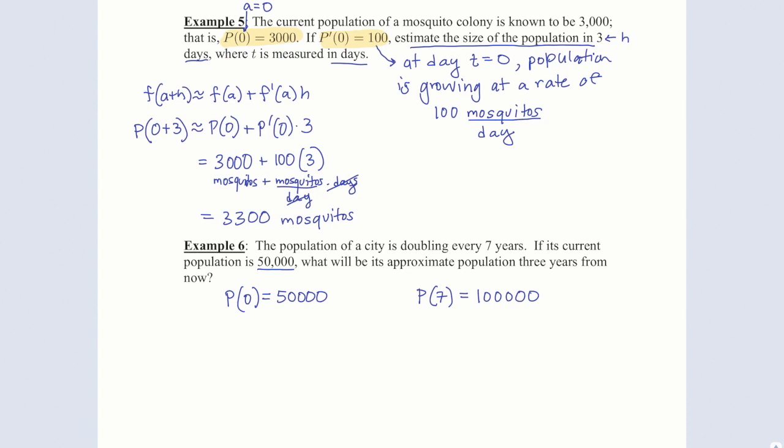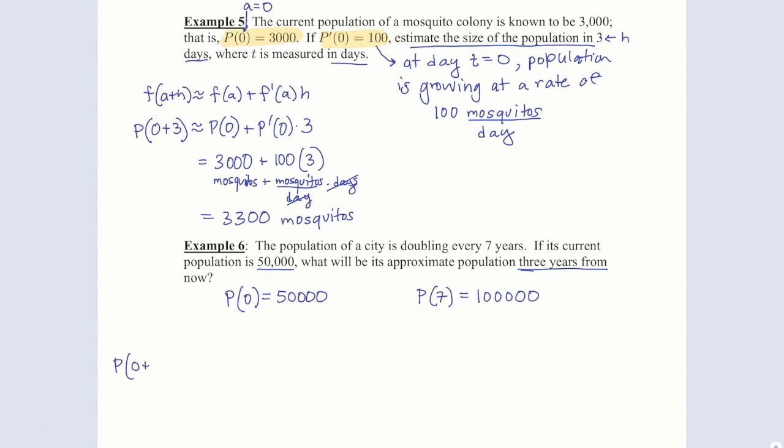And we're asked to estimate, again, the population 3 years from now. So this is a similar situation to what we had last time. We want to find p of 3, or an estimation of it, and we know something about p of 0.